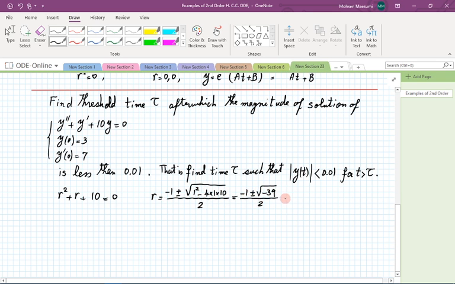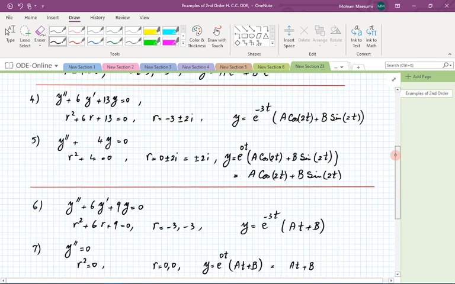So the number doesn't come out of the radical. We just leave it like that and write this as minus 1/2 plus or minus, we pull the minus out, the square root of minus 1 is what i is. So that so far tells us that the solution is of the exponential type.